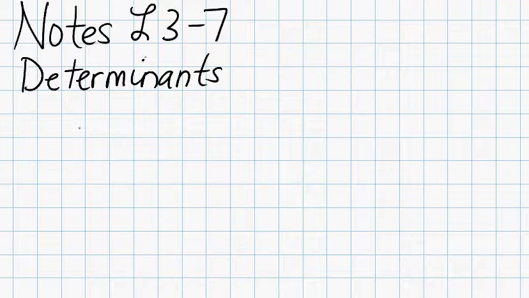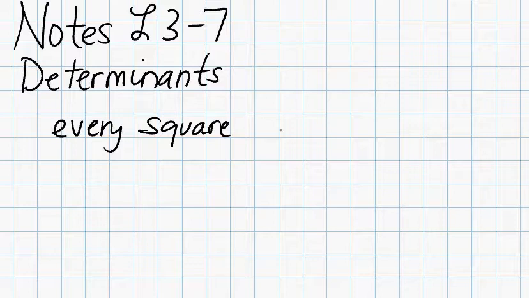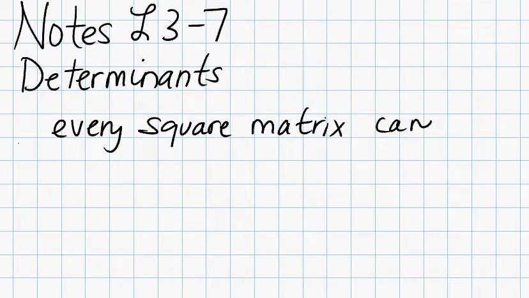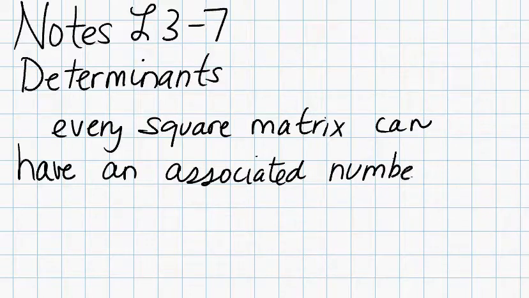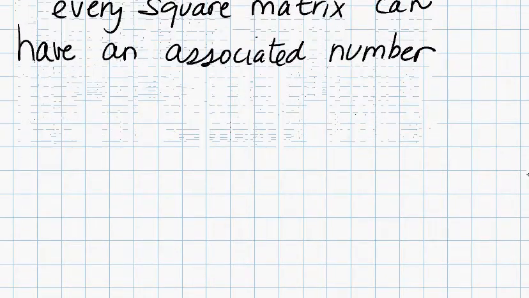So every square matrix, and by square we mean 2x2s or 3x3s or 4x4s, etc. Every square matrix can have an associated number. And that number is called its determinant.